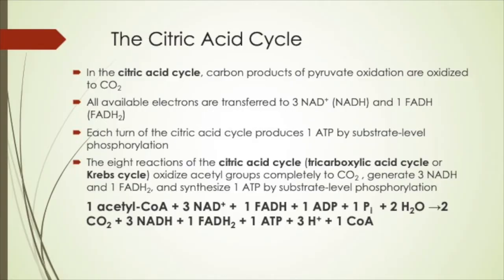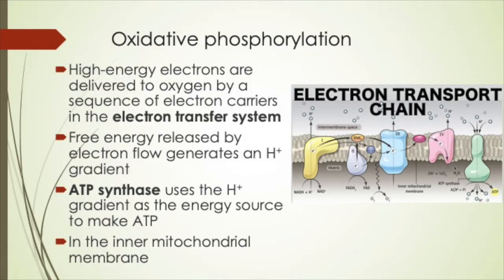And then the next step, the citric acid cycle, or the Krebs cycle, where does that occur? That also happens in the matrix. And then the electron transport chain is next. Where does that occur? That happens in the inner membrane, or in the cristae, is what they call it.